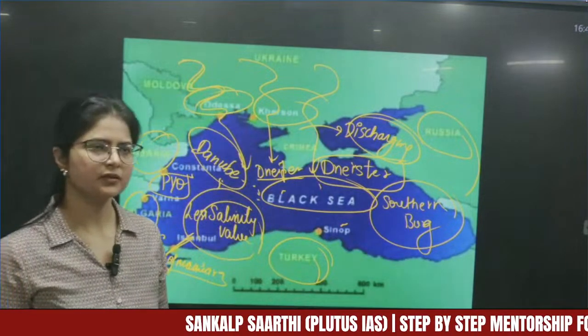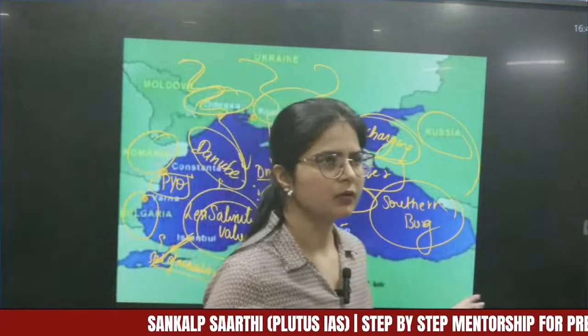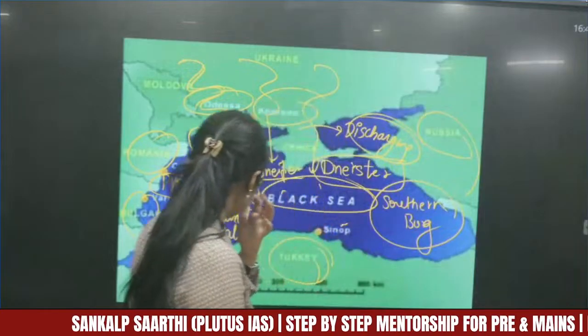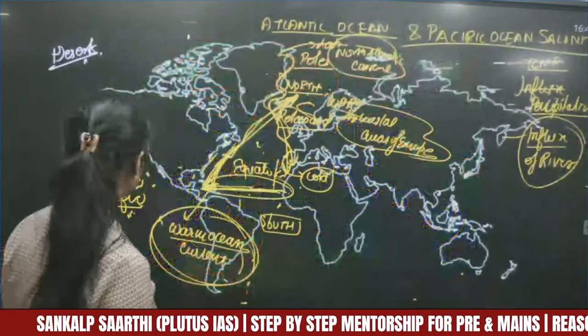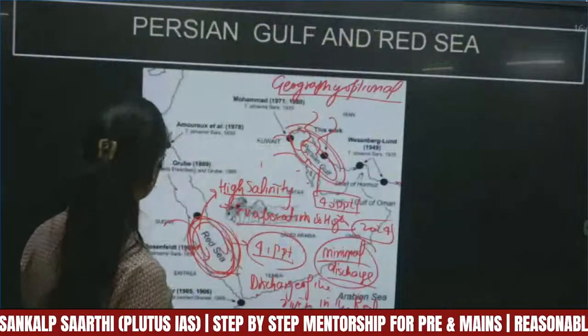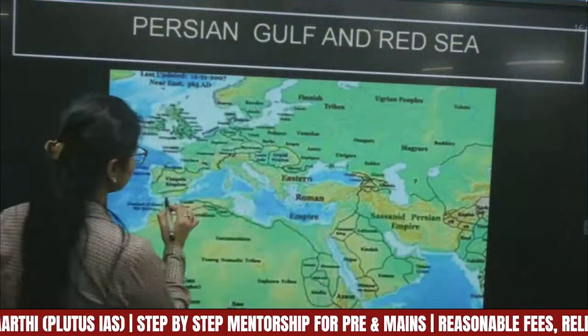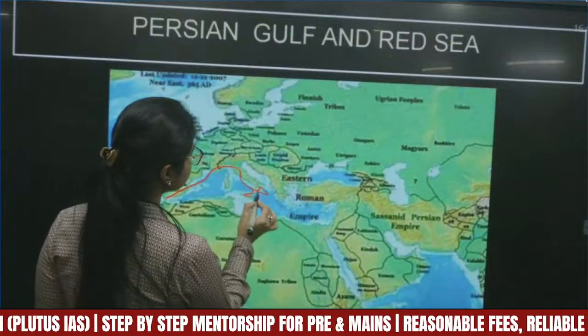Okay, this is another example. Now, the next example that I'm going to take is of Mediterranean Sea, although I had a brief discussion about that, but let's take that example again. This is a Mediterranean Sea. Can you see how enclosed it is?